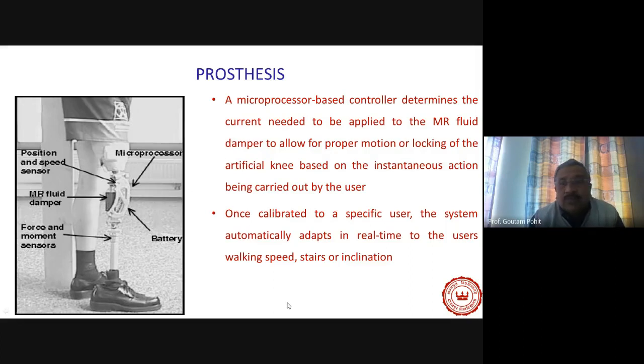Once calibrated to a specific user, the system automatically adapts in real time to the user's walking speeds, stairs or inclination. Accordingly, it can control the motion so that less force is transmitted to the body.